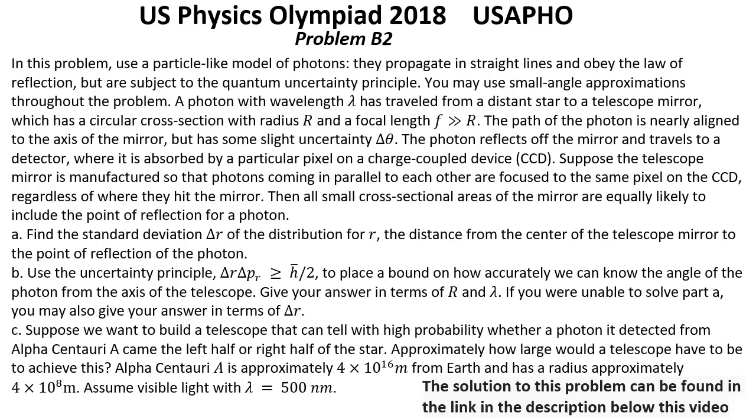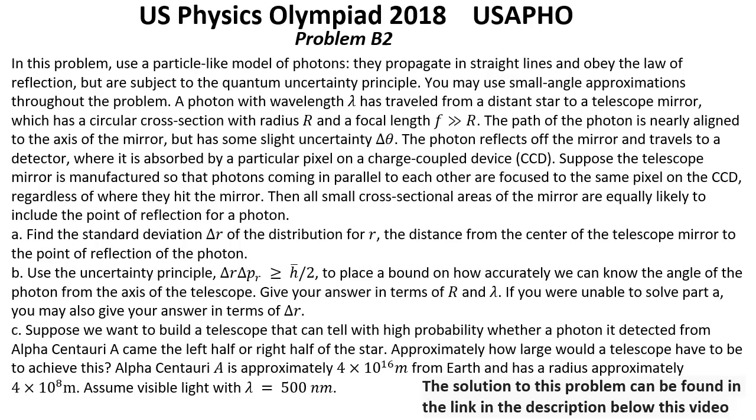Then all small cross-sectional areas of the mirror are equally likely to include the point of reflection for a photon. Question A. Find the standard deviation delta R of the distribution for R, the distance from the center of the telescope mirror to the point of reflection of the photon.